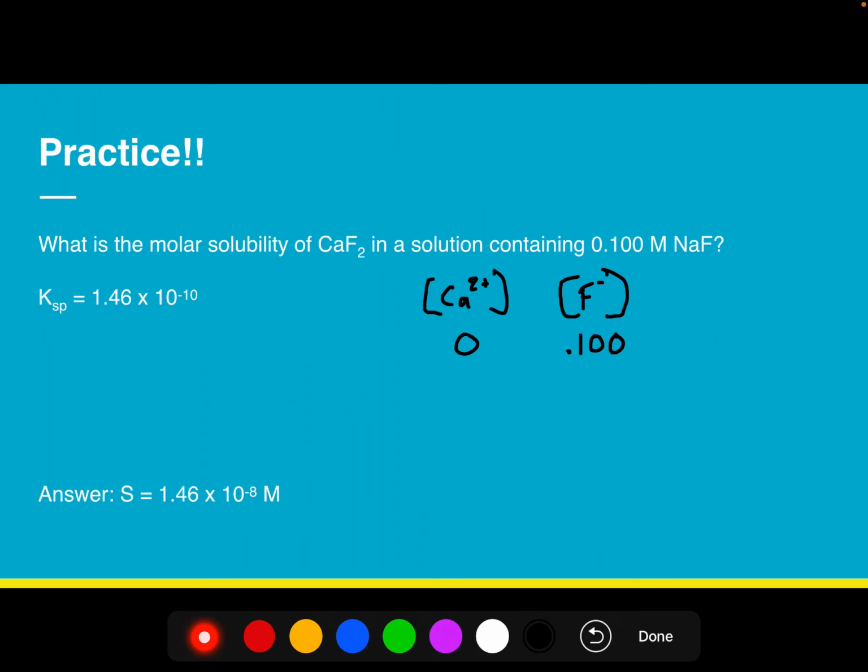So when we are working the problem, we're going to add x here, and we're going to add 2x here because there's a 2 there. Then we're going to end up with x and 0.1 plus 2x. And remember, in this case, x is also S. So S is the molar solubility. X equals S. So now we're going to solve for S, or x.